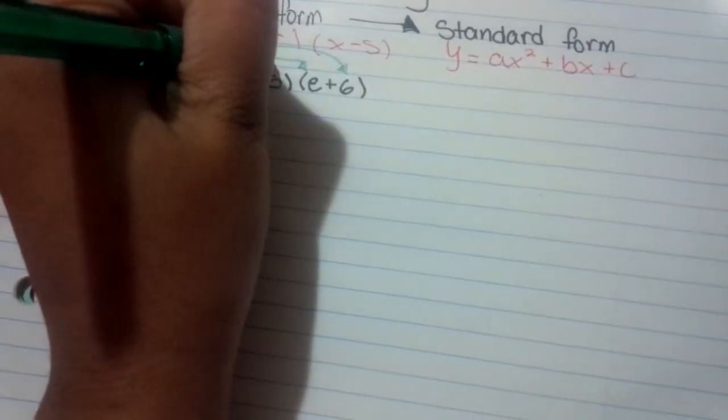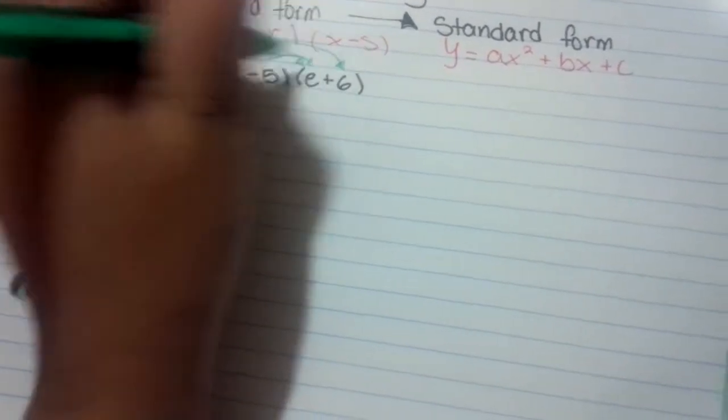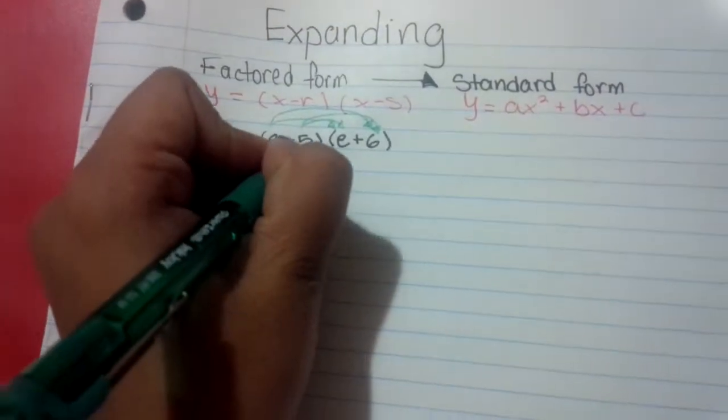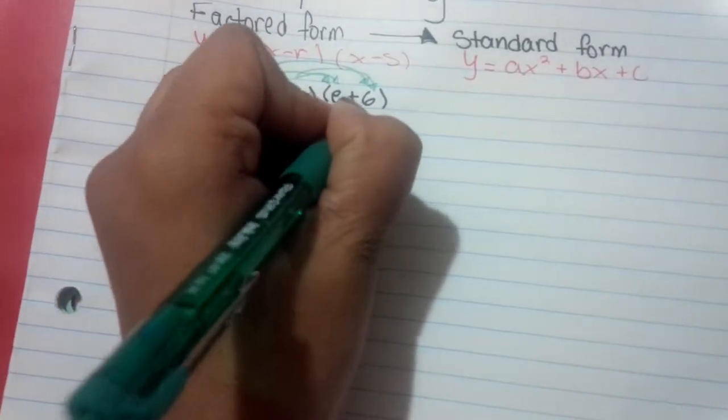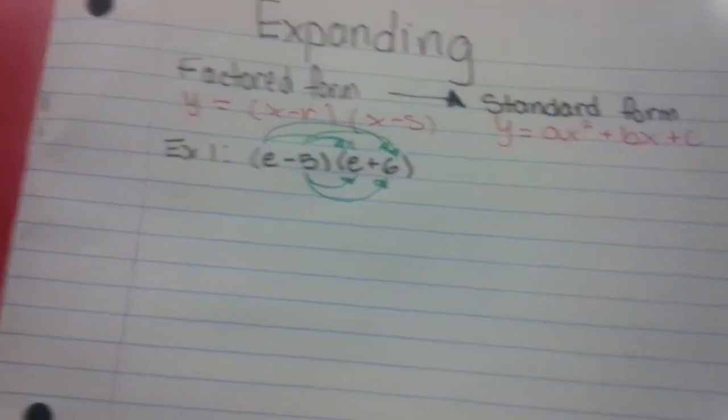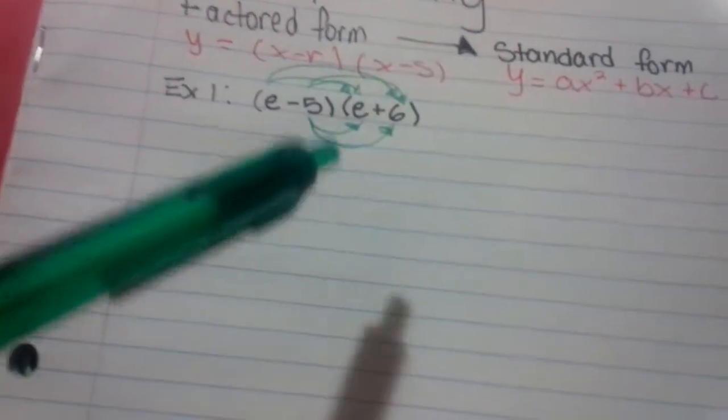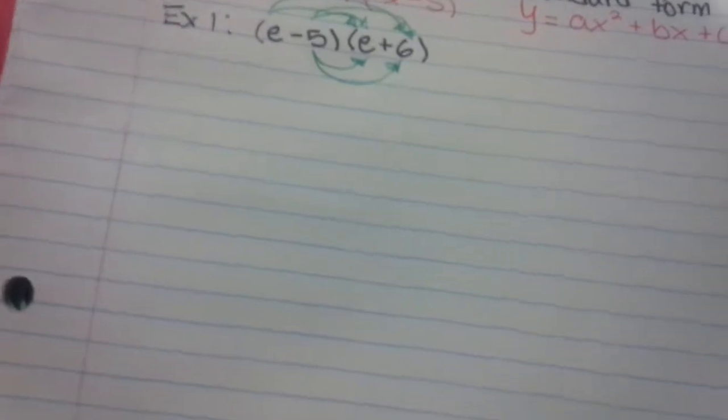Negative 5 will be multiplied by e, and negative 5 will also be multiplied by 6. I'm sorry, that's messy. I should have done it this way. So e will be multiplied by e and 6. So everything in the brackets gets multiplied by each other. So let's start off.